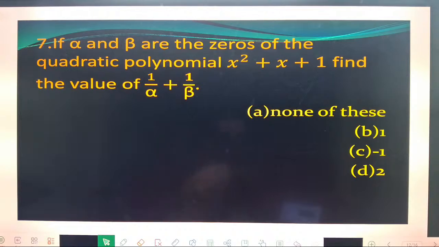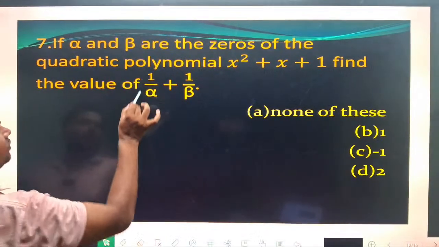Anupam Mishra. Yes, Anupam. Your answer is minus 1. Very good efforts.